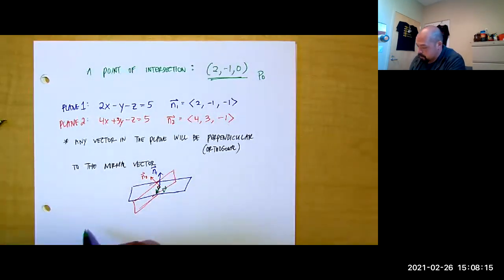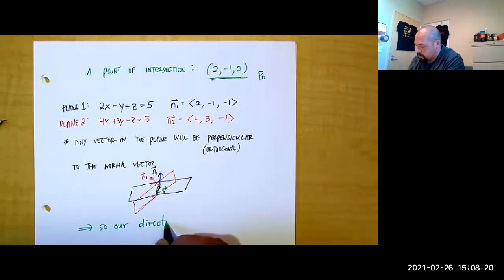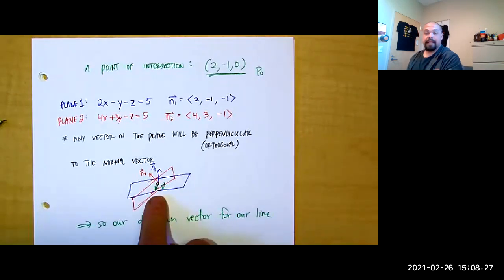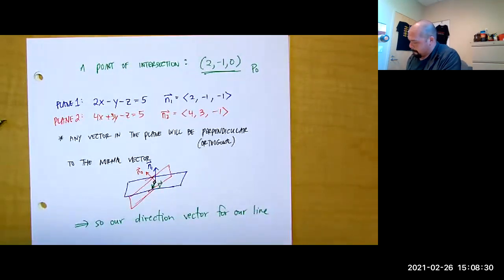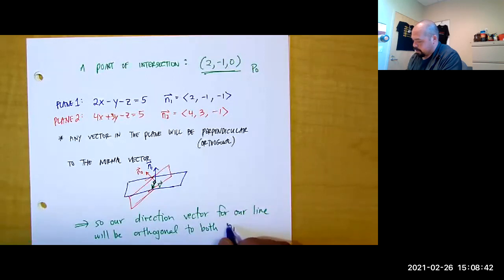So in this case, our direction vector for our line, since it's this line that's in both planes, will be orthogonal, will be perpendicular to both the normal vector n1 and the normal vector from our second plane n2.